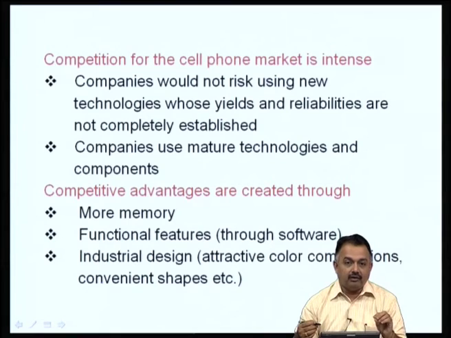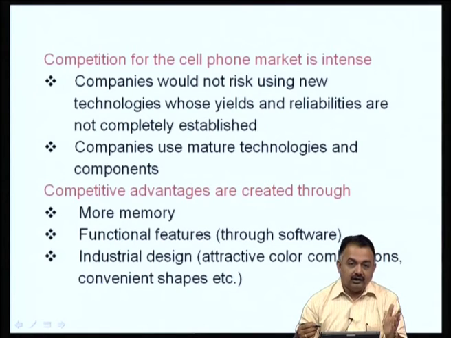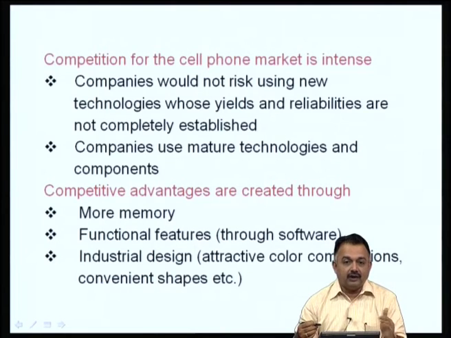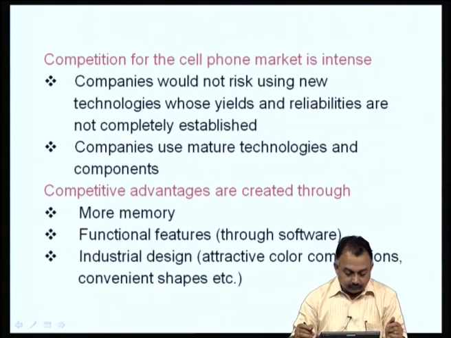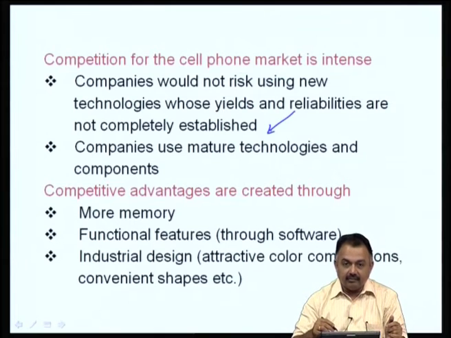You do not want to put your money on a technology that is outdated and which will not sell, or a new technology which is not well established. So, you have to be very careful in choosing between outdated technologies and future technologies. So, there are companies which take this bold step and become leaders in this market.